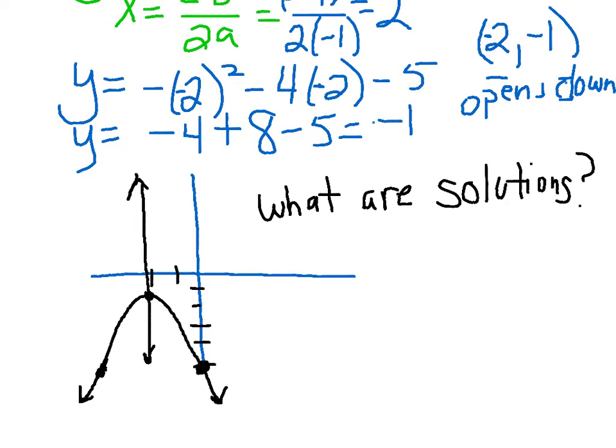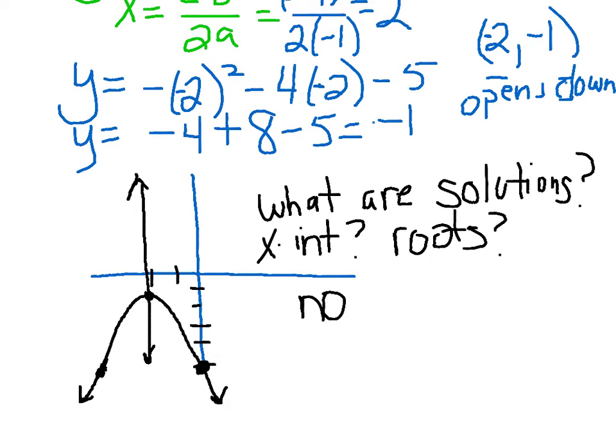Remember everything that I'm asking for about solutions? That means I could also be asking, what's the x-intercept? What's the roots? Can't think of the other one right now, but I'm asking all the same things in here. Where does it cross the x line? Well, it doesn't.